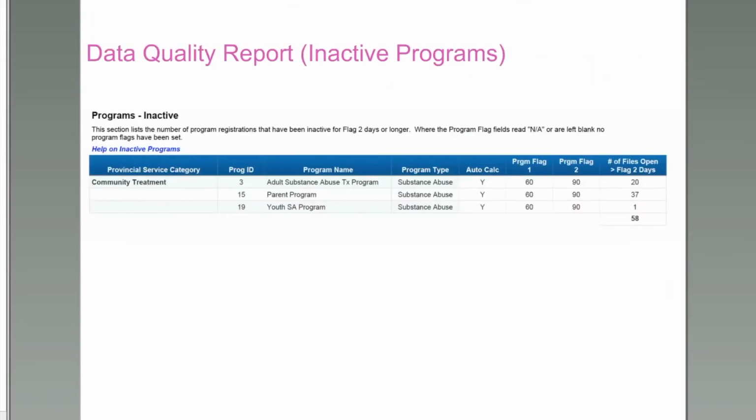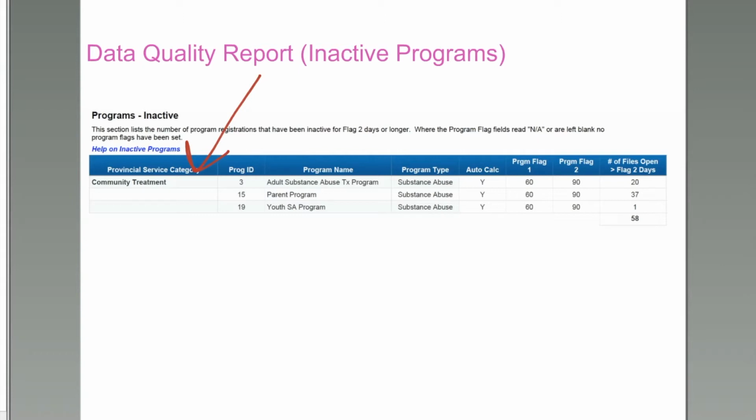Again, zeroing in on this Programs Inactive section, we take each of those sections and highlight the data as the report goes through. In this particular section, the first column is the service category, and then you get your program ID, the names of the programs, and then really where the meat and potatoes is in this section.